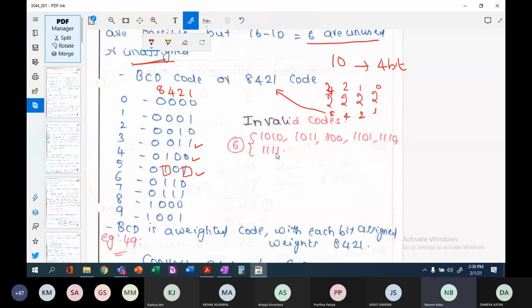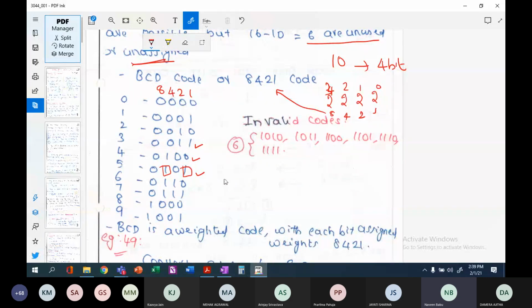So the hexadecimal number system is different. We are looking at decimal number system and binary number system interfacing. So 1010 corresponds to nothing in decimal. 1011, 1100, 1101, 1110 and 1111, they are all nothing in decimal, meaning they are all invalid codes.